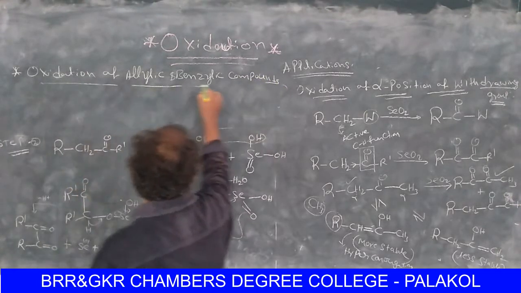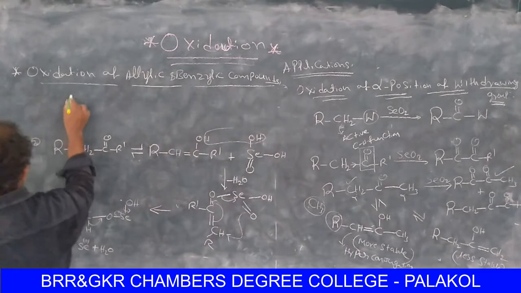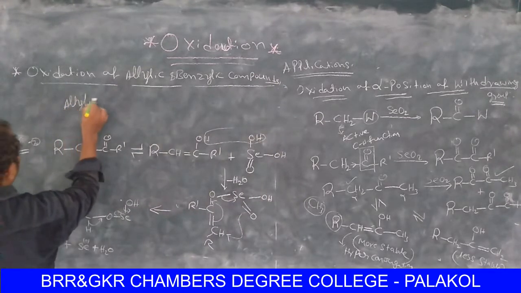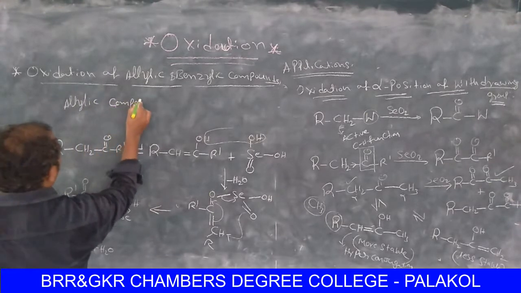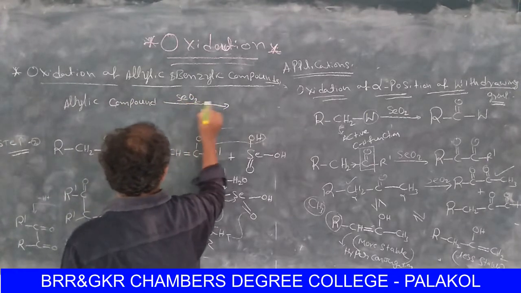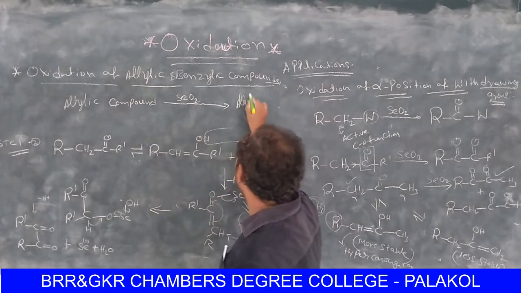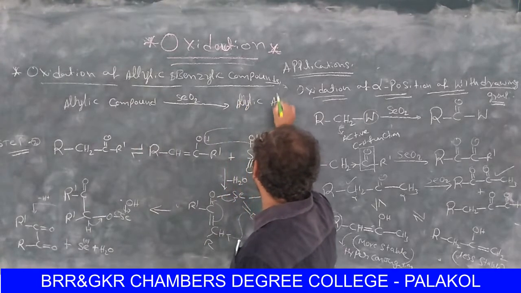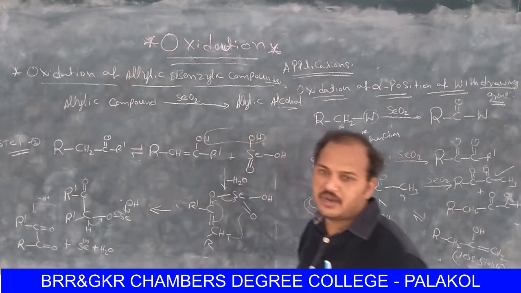And here, what we have to understand is that whenever we are using SeO2, an allylic compound is mainly converted to allylic alcohol. Right?